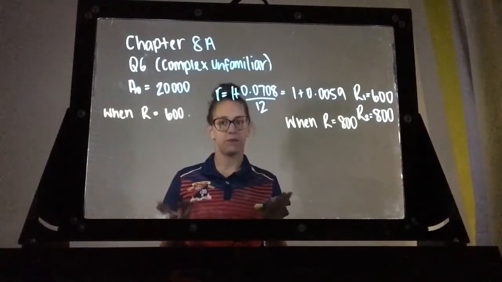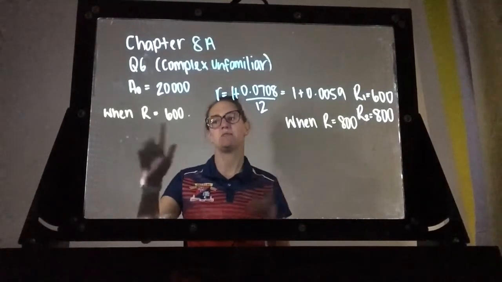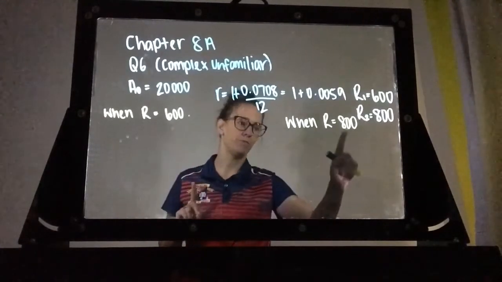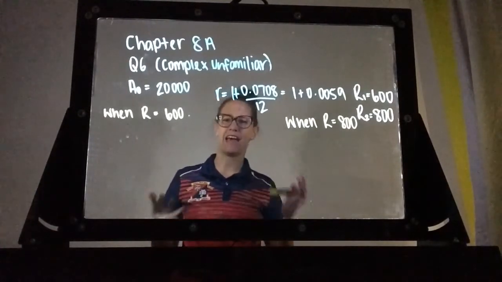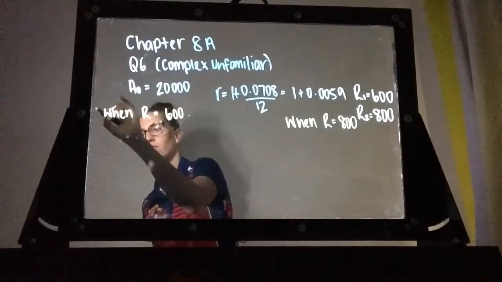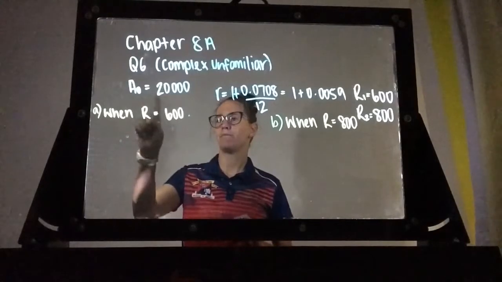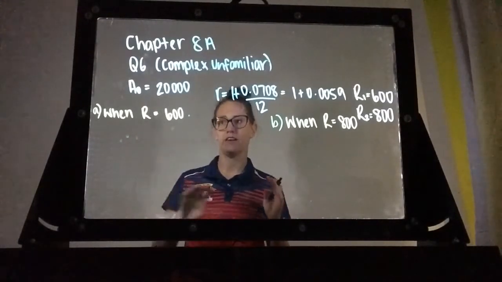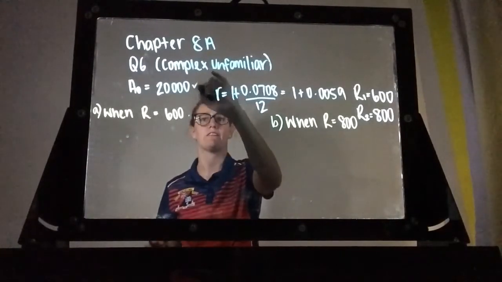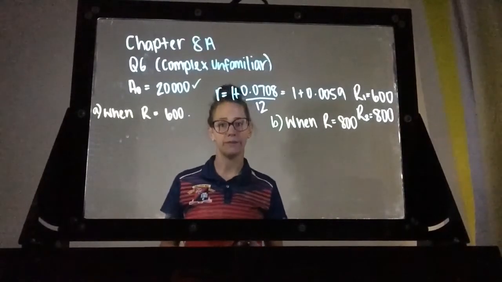So first of all, we have to create recurrence relationships for both repayment of $600 and repayment of $800. So I'm doing A and B all together. First things first, write down what you know. We know that the loan was for $20,000, so that's our starting value.